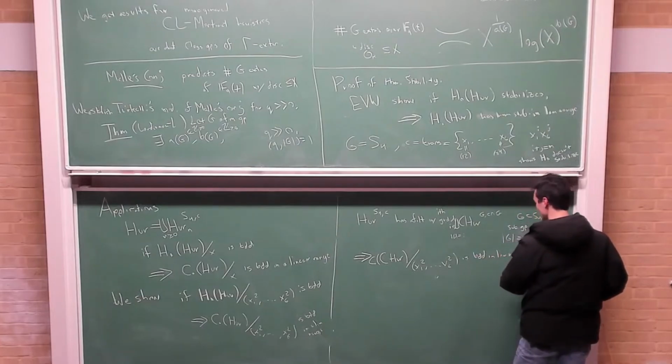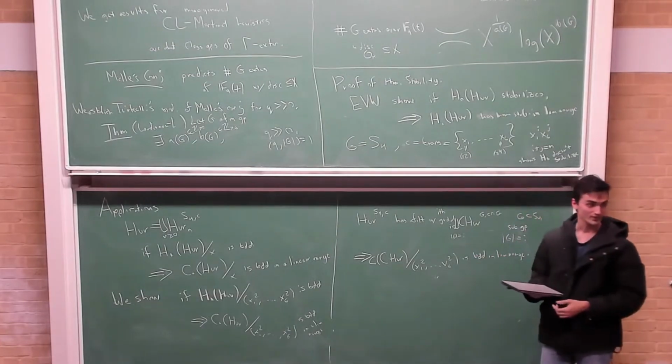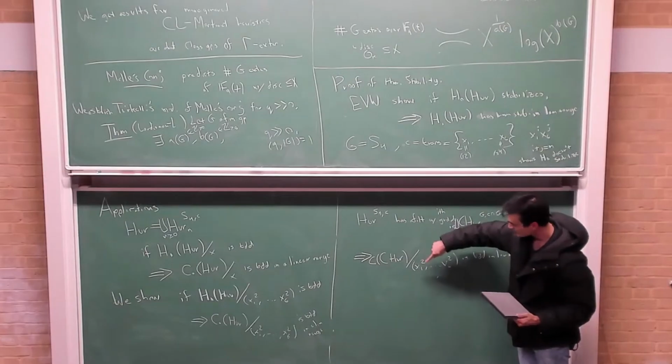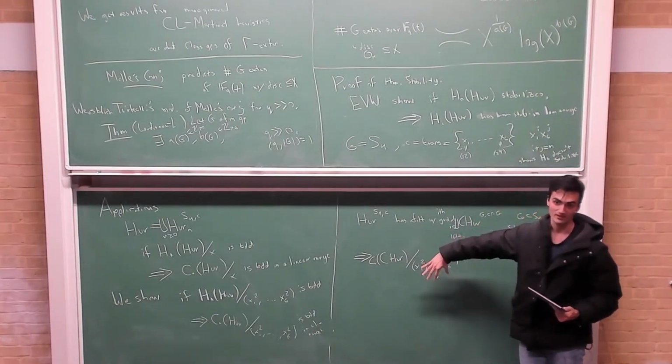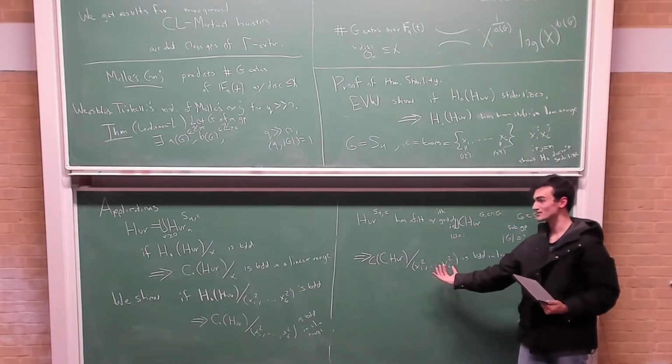Okay, so this is not quite what we wanted. What we really wanted was that when you quotient by a single one of these elements, then it's bounded in a linear range. But here we're taking an iterated quotient by a bunch of things.